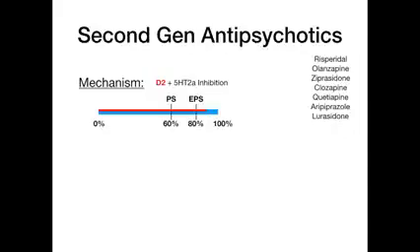So we move that red line back between 60 and 80%, and we're actually right where the orange line is, smack in the middle of 60 and 80, and that is the hot spot for the atypical antipsychotics, because we're getting rid of the positive symptoms. We've got at least 60% D2 blockade, but we have not yet hit 80% because that little bit of 5-HT2A inhibition gives us a little baby bit of dopamine back, which helps avoid the EPS.